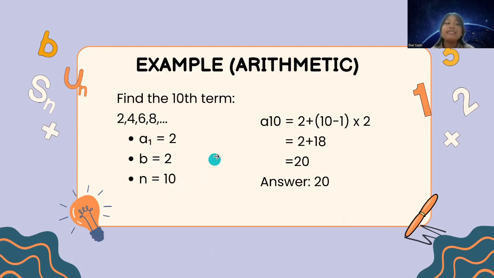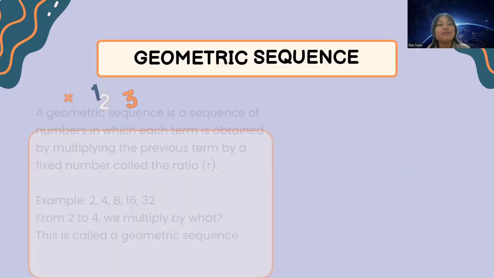Substitution into the formula: U10 equals 2 plus (10 minus 1) multiplied by 2, equals 2 plus 18, equals 20. That is the answer for the example arithmetic sequence.